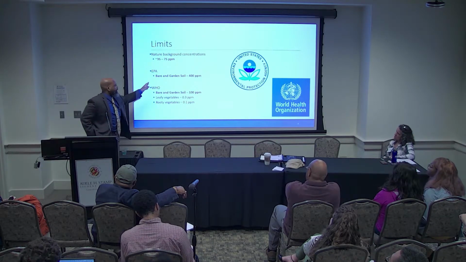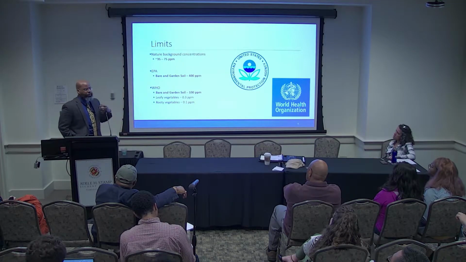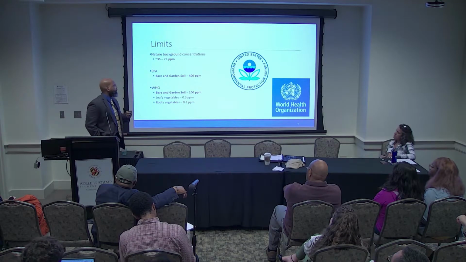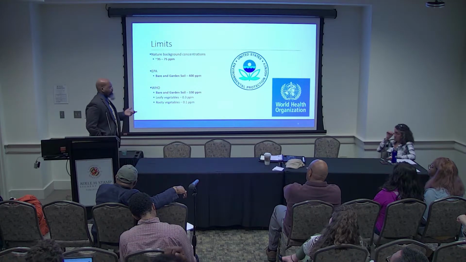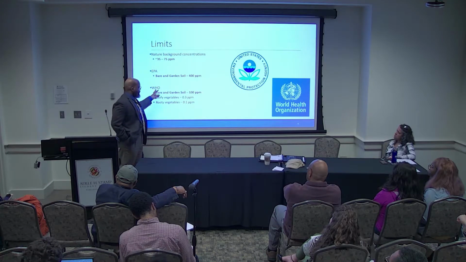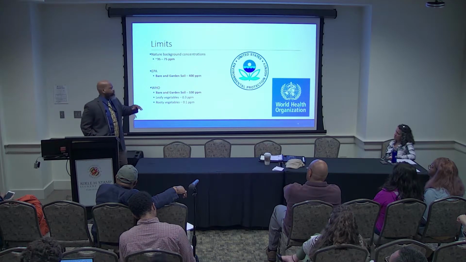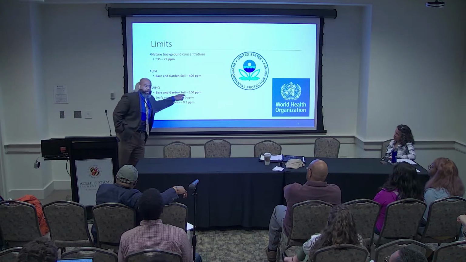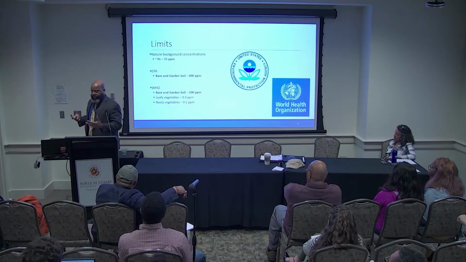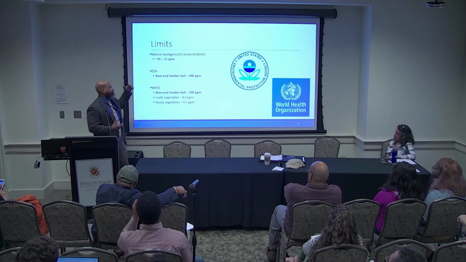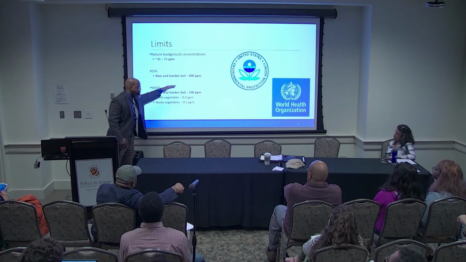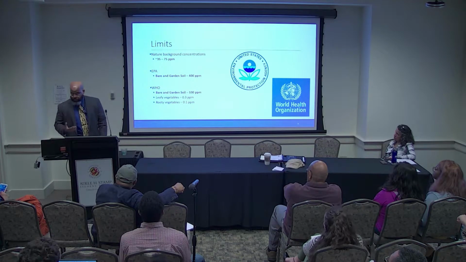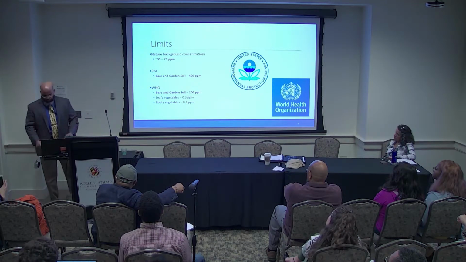The EPA permissible limit on lead for gardening activities is 700 parts per million, but the World Health Organization's is 100 parts per million. For us, this is the gold standard. If we're going to engage in any kind of remediation activity, we want to get the numbers down as far as possible. So we're not going to bother with the EPA. We're going with the World Health Organization in terms of our goals.